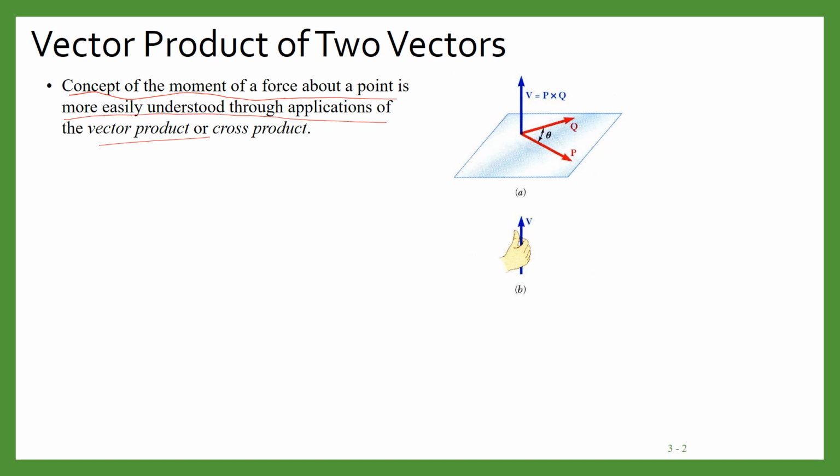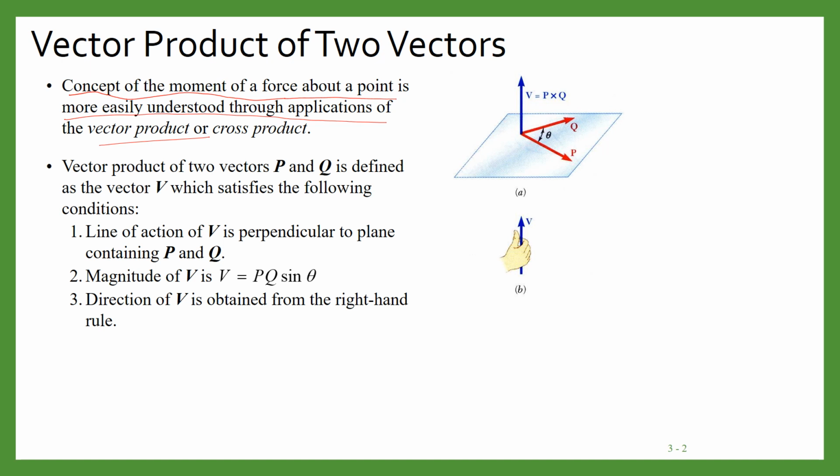So as you can see in the figure, there are two vectors p and q. This is the p vector and this is the q vector, and there is an angle theta between both the vectors. Then their vector product is often represented by p cross q.